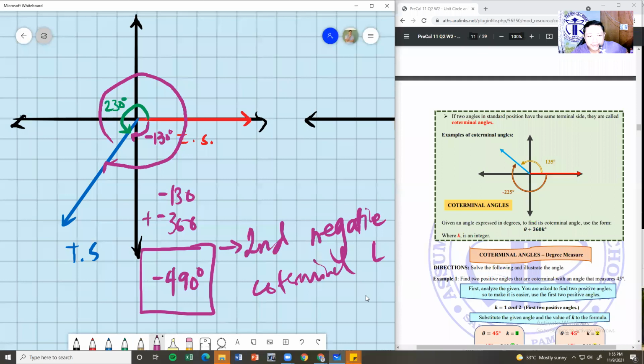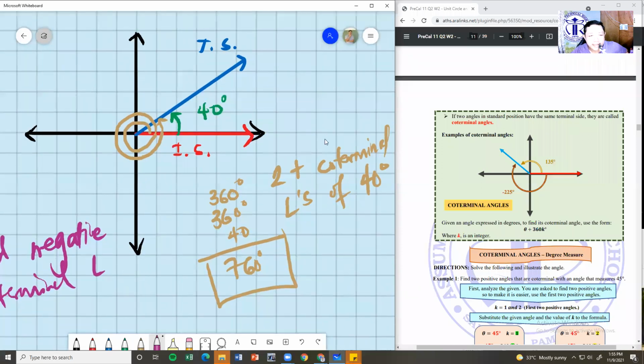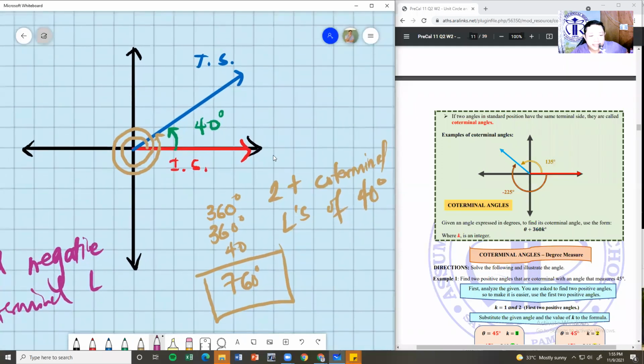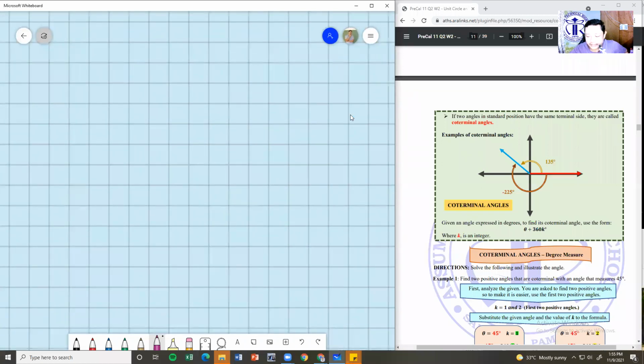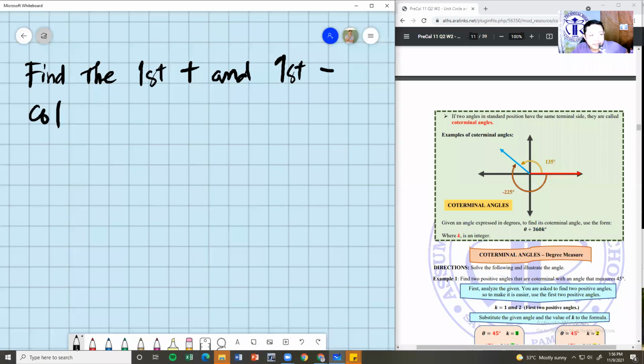Okay, finally, one more. Ready? This time, I'll just give you a statement and give me the answers. Find the first positive and first negative coterminal angles of 60 degrees.